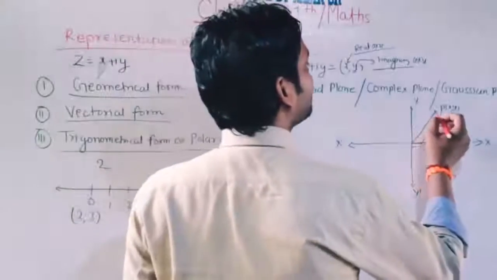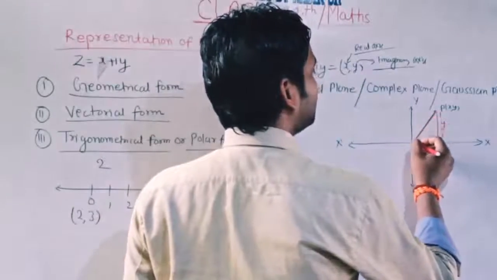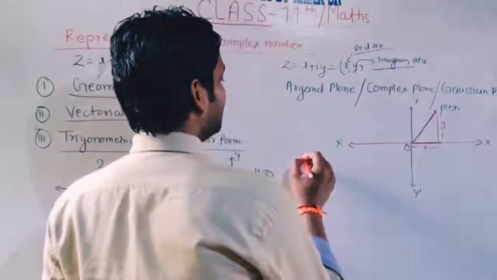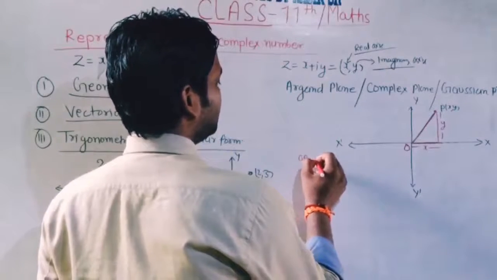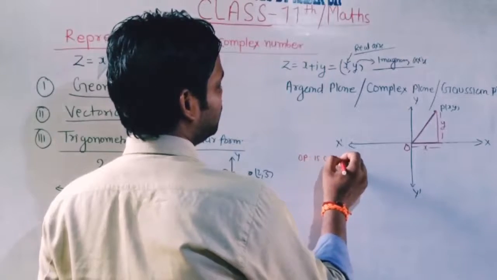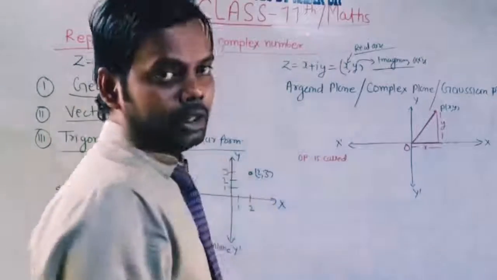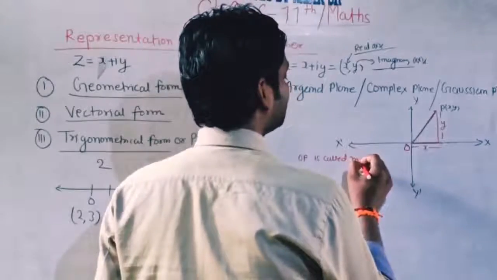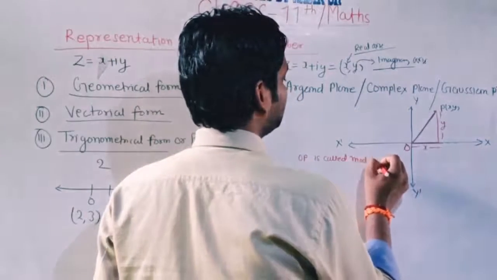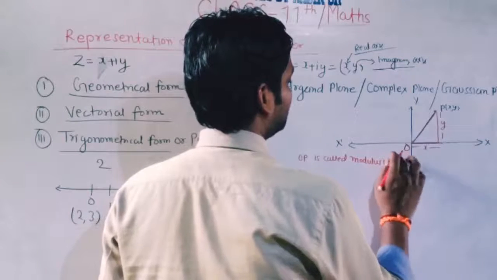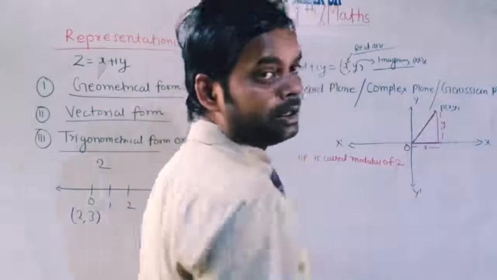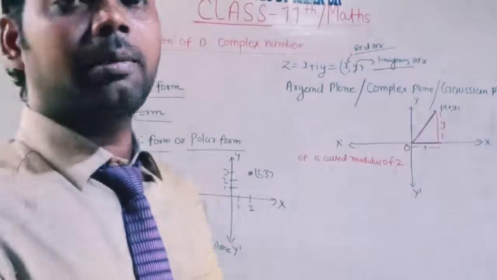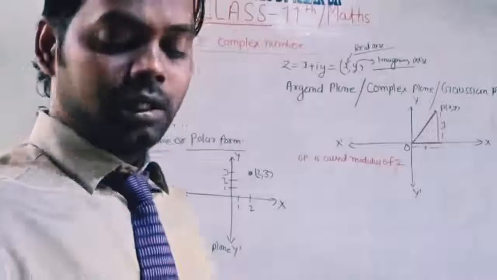Here the length OP is called the modulus of z, and it is denoted by mod z.